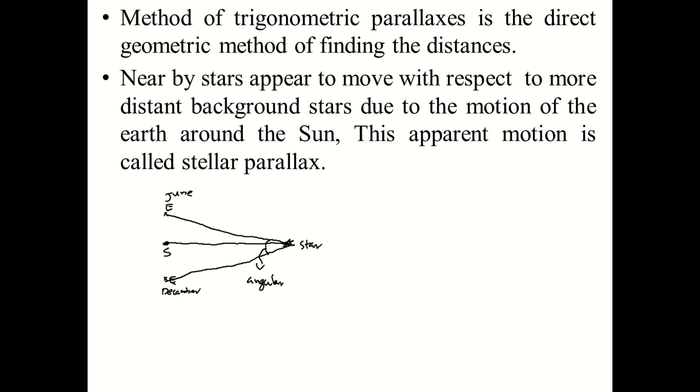This is an apparent angular distance. If you consider half of this angle, since these two lines make the same angle with respect to this one, it is called the parallax angle, denoted by P.